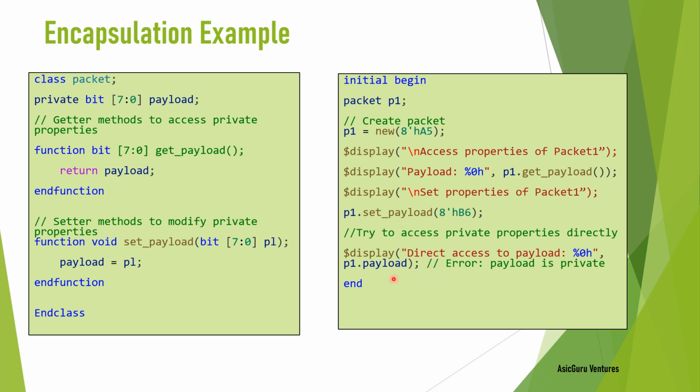And finally, just to demonstrate this, we are trying to access the payload directly using this object, but it would result in a compile time error since payload is a private property. So this is how encapsulation prevents direct access to the private data.